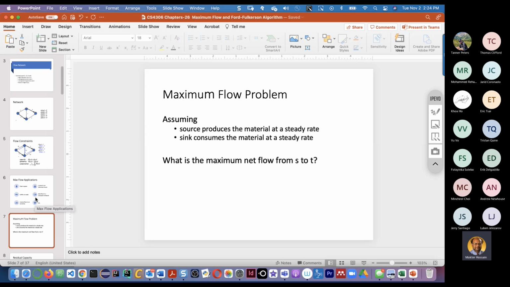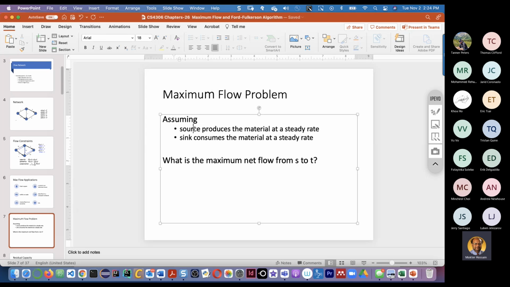So the maximum flow algorithm assumes that a source produces the material at a steady rate, and the sink, that means T, consumes the material at a steady rate.